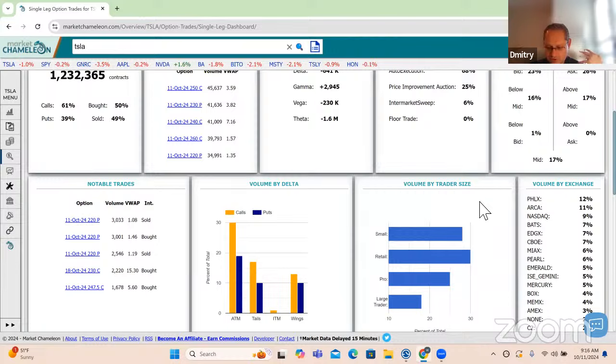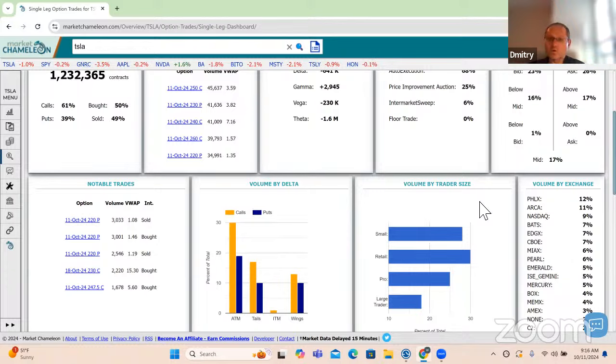Okay, so what we have is this concept of NBBO, National Best Bid and Offer, which consolidates all the displayed quotes on all the exchanges, the BBO, and creates this national best bid and offer.